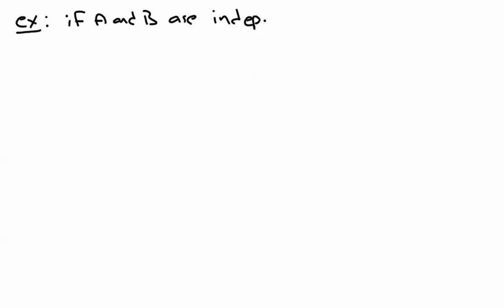If I say independent, I mean statistically independent. So if A and B are statistically independent or just independent, show that A and B complement are also statistically independent.